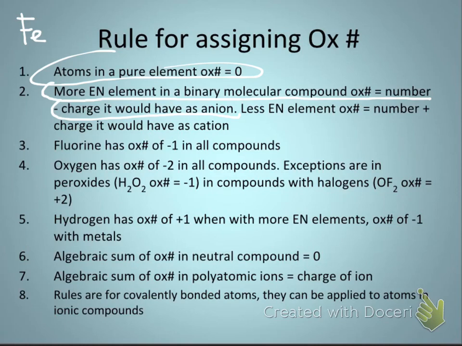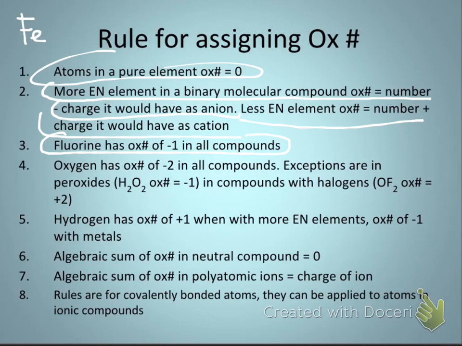So fluorine always has an oxidation number of 1-. The thing that is less electronegative, so the thing that if it was bonding ionically would tend to form a positive ion, gets the charge it would have had if it formed a positive ion in general. See rule number 3. Fluorine is always -1. Always, always, always.